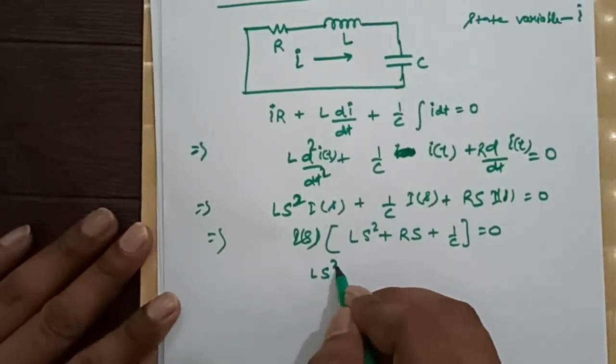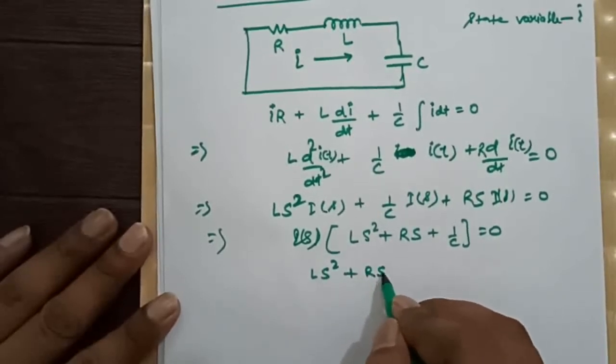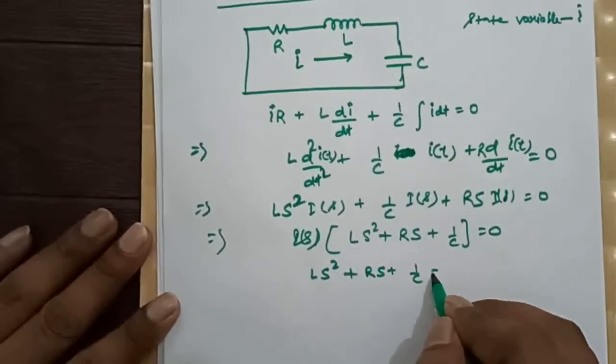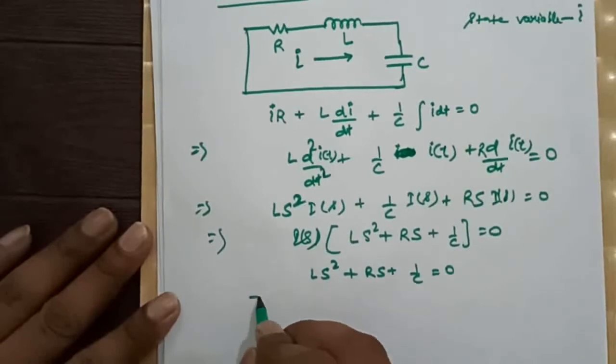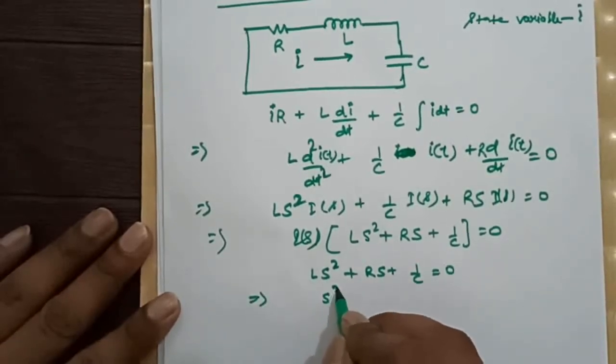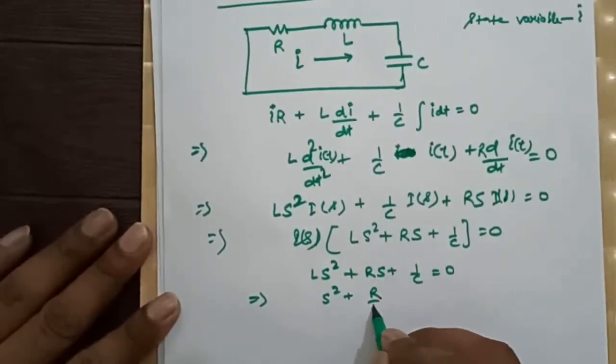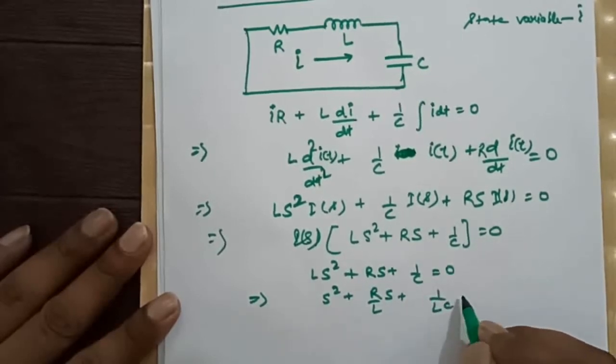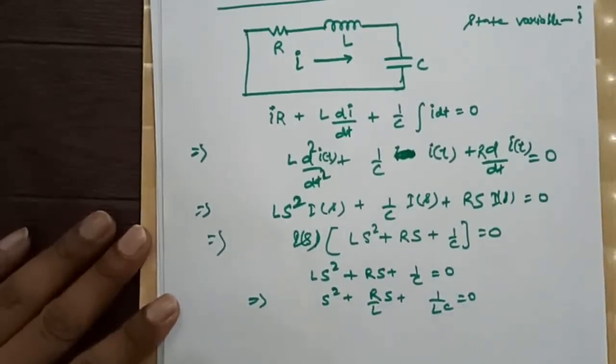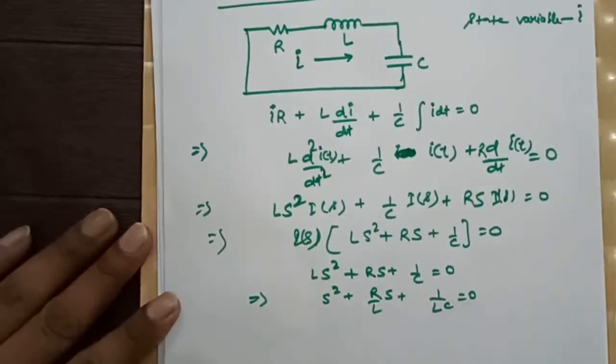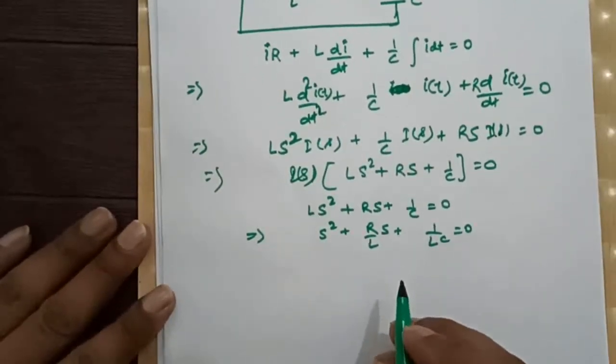So L s square plus R s plus 1 by C is equal to 0. Once again arranging a little bit, s square plus R by L into s plus 1 by LC is equal to 0. This is nothing but the quadratic equation, right?